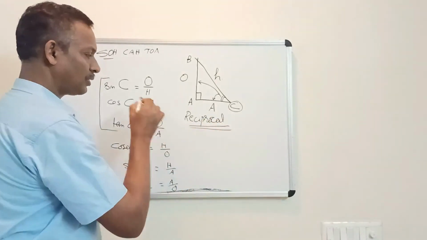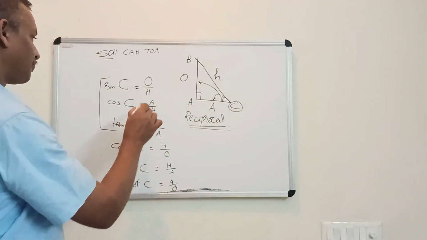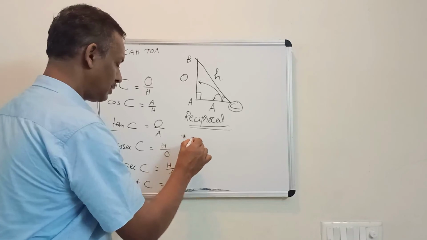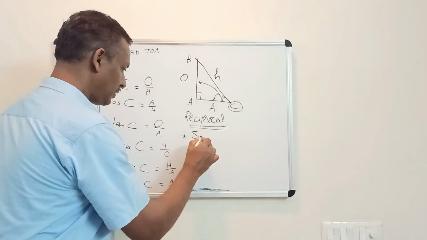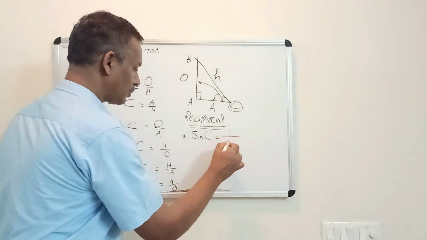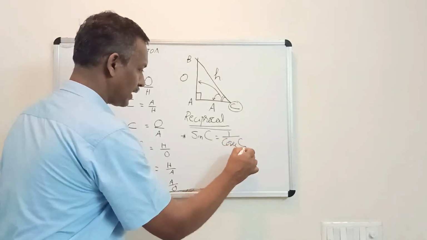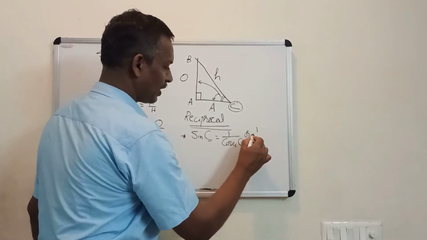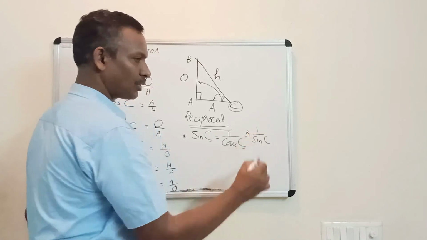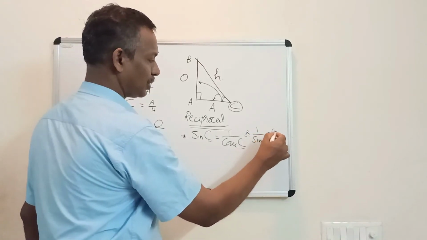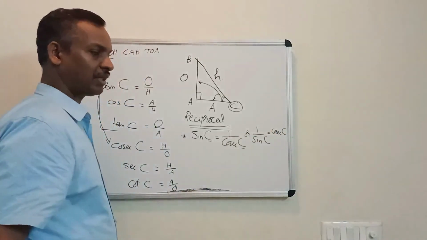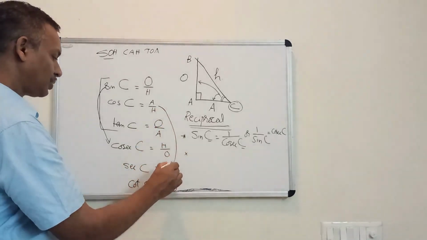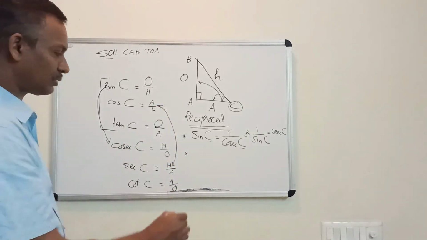After writing this, we can develop some relations called reciprocal relations. Which are the reciprocals of which one? Sine's reciprocal is cosec. So we write the first relation: sine C is equal to 1 upon cosec C. The angle should be the same. Or we can write the other way, 1 upon sine C. If you take the reciprocal of sine C, you will get cosec C. Sine and cosec are reciprocals. And the next one, the second and the second last, they are also reciprocals.